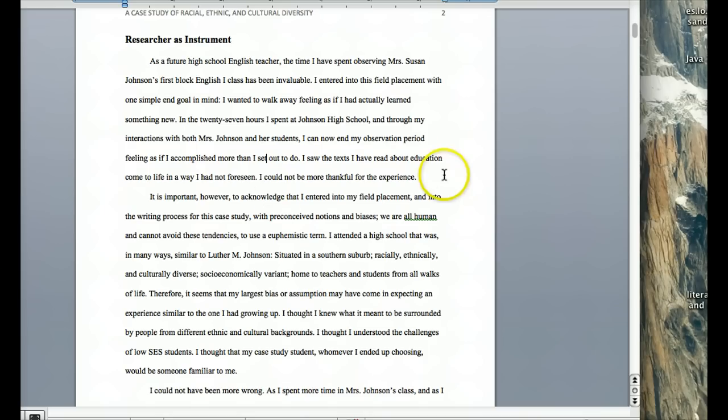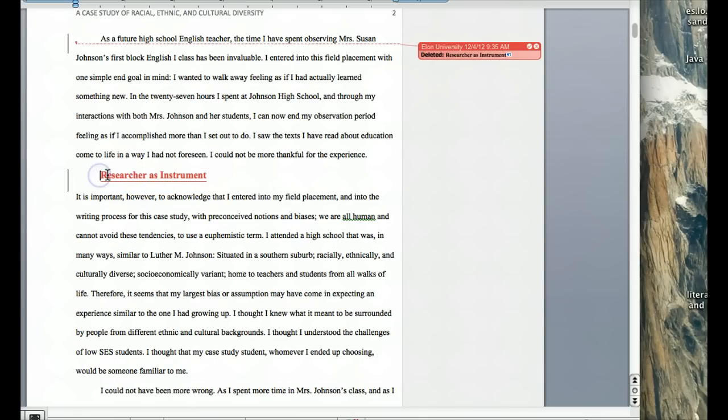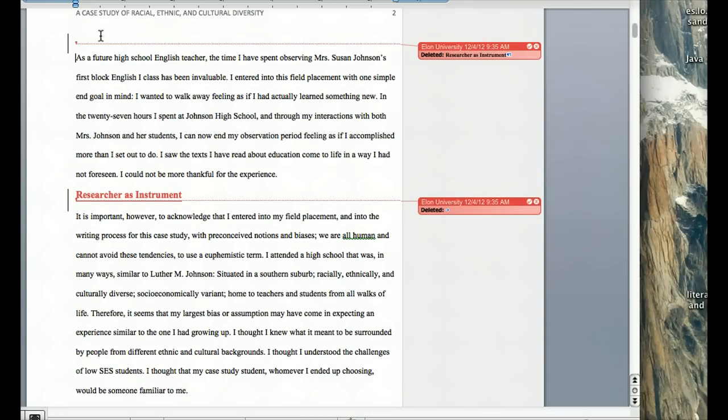The first paragraph here is more of an introduction to the paper, I would say, than actually a researcher's instrument statement. So it might have been appropriate to just move this heading down here and just call this an introduction.